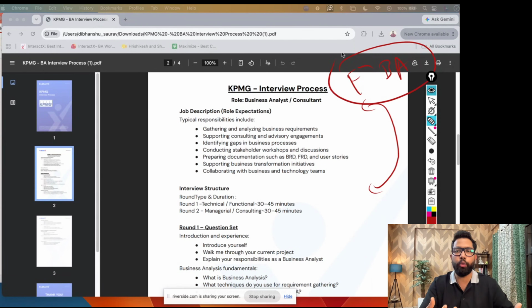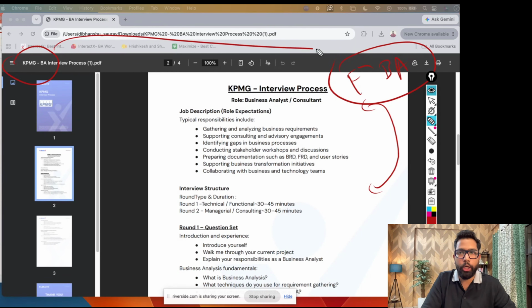Now, I'm not trying to say that all opportunities at KPMG are exclusively looking for a functional business analyst. When you observe the job description, you'll be able to identify if it's a functional BA, a technical BA, a techno-functional BA, BA cum DA, BA cum QA, whatever different types of BA roles exist.